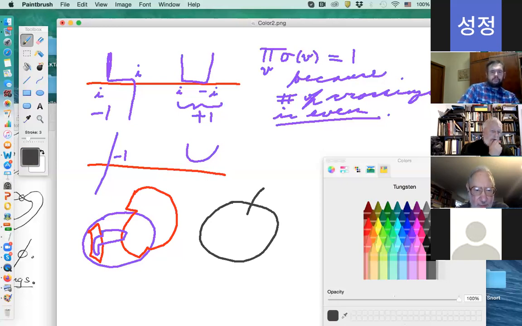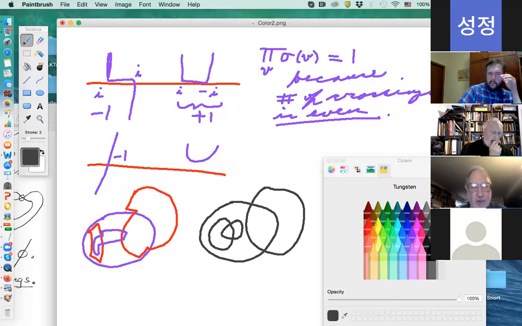The red curve crosses this one twice. This red curve doesn't cross anybody. I can pull it back out. And this doesn't cross that one, but this one does cross this one and crosses back. So you have a collection of curves that are crossing one another transversely in the plane. The number of crossings is even by the Jordan curve theorem.